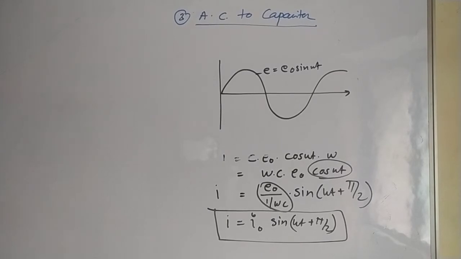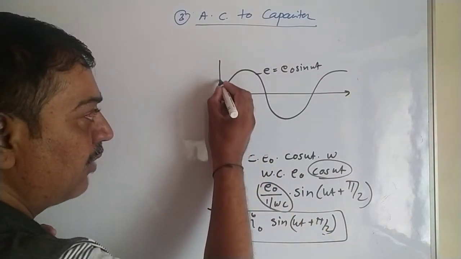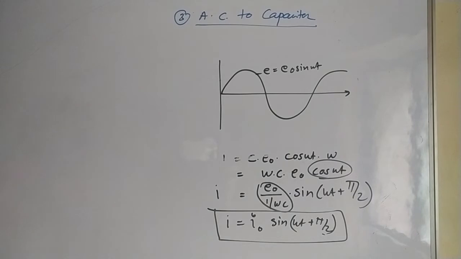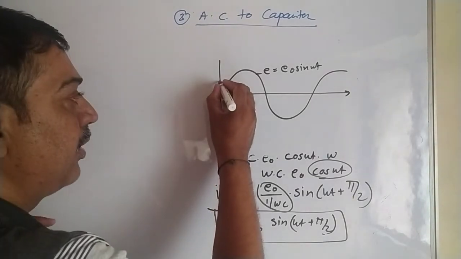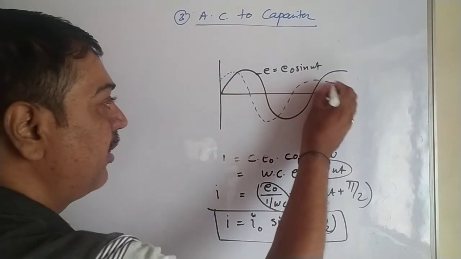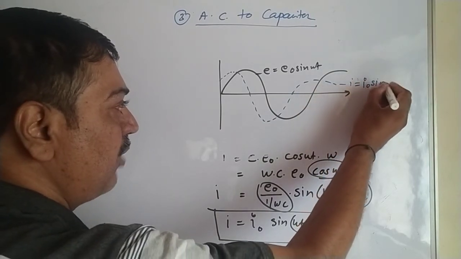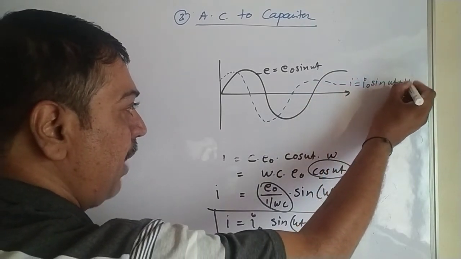It will start at 0, but current leads the EMF by pi by 2. So current, instead of starting here, will start somewhere here, in the positive direction, by 90 degrees. This dotted line represents the current I equal to I0 sine of omega t plus pi by 2.